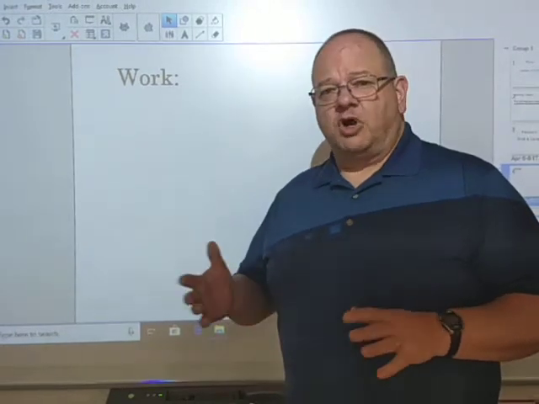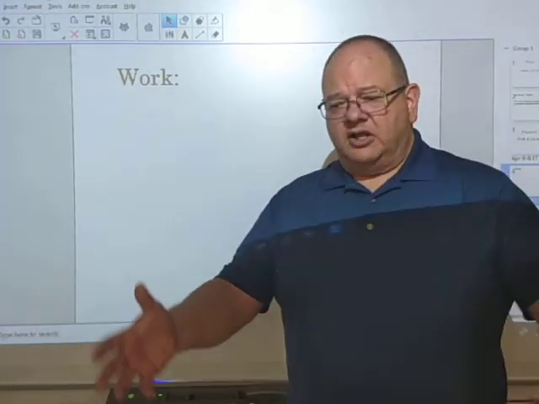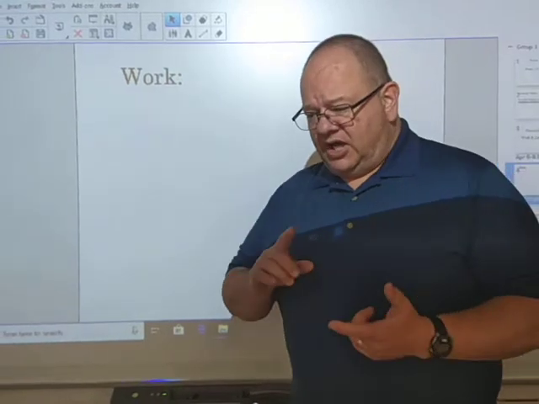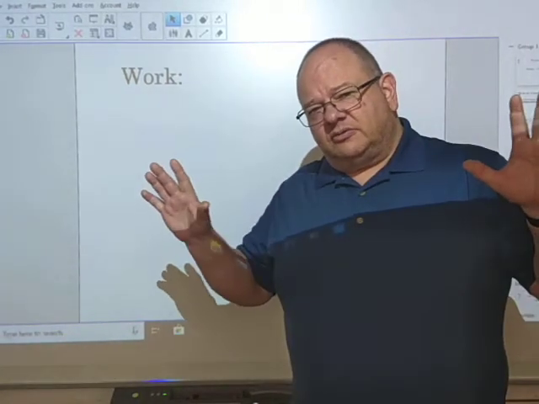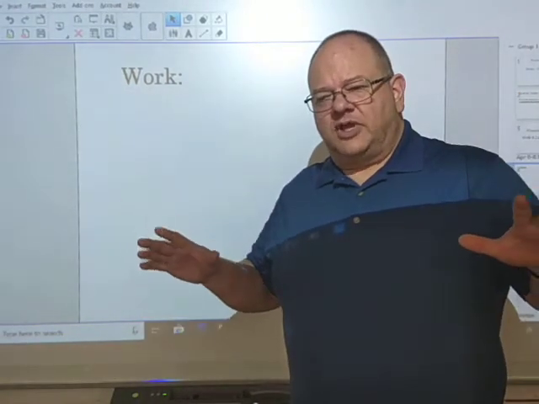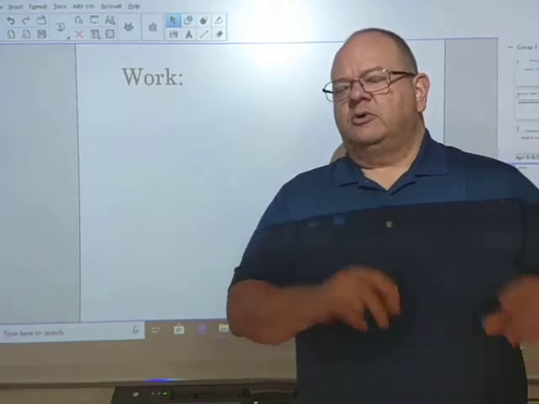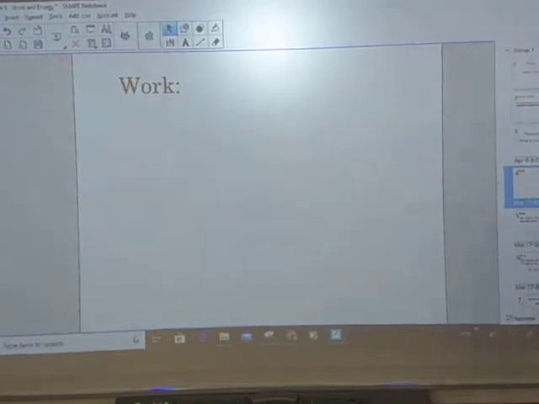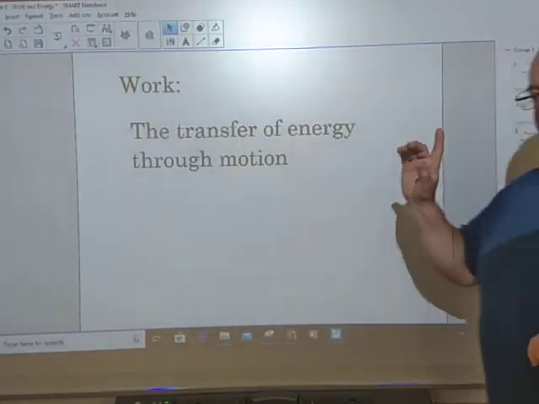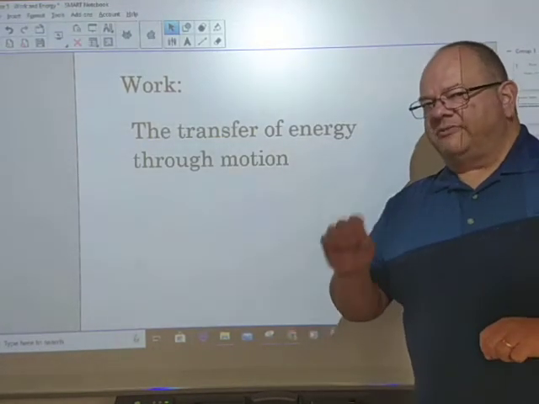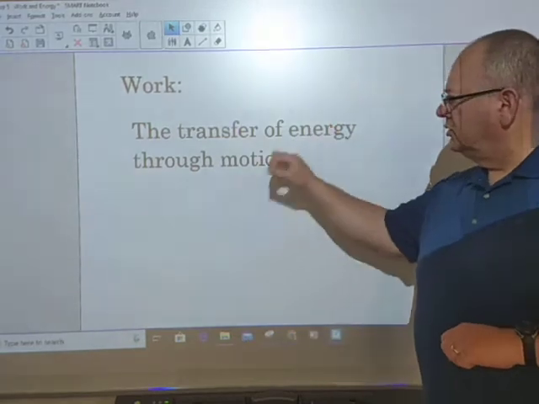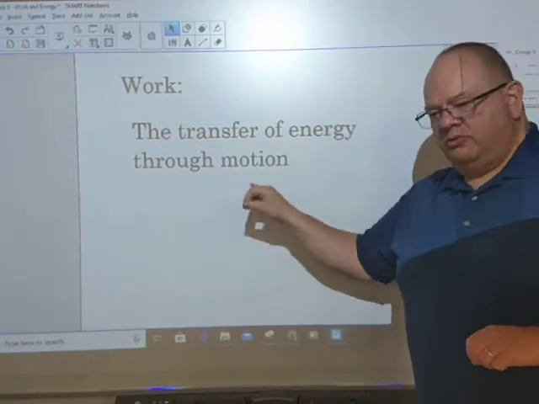Their work might involve carrying and lifting and moving things. Some of those are their jobs. Okay? Now, in physics, work is not just your job. In physics, work is the transfer of energy through motion. Transfer of energy through motion.